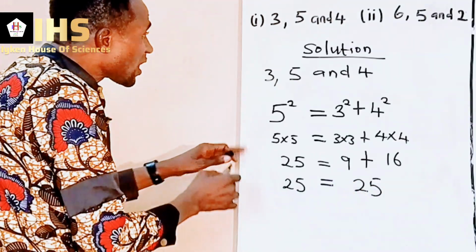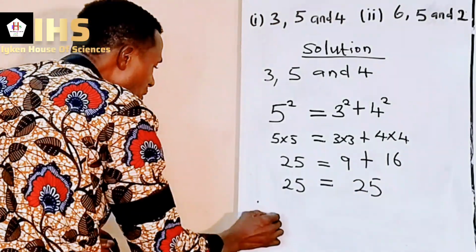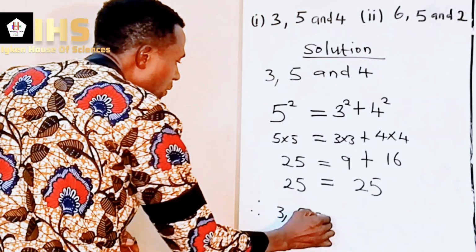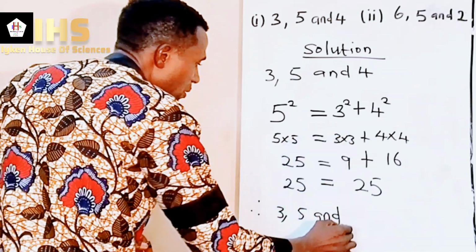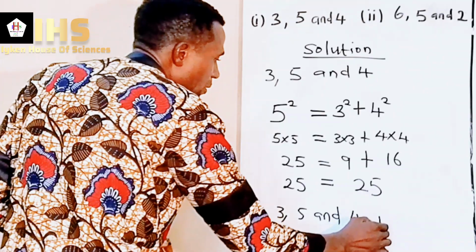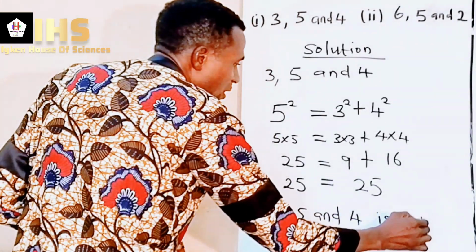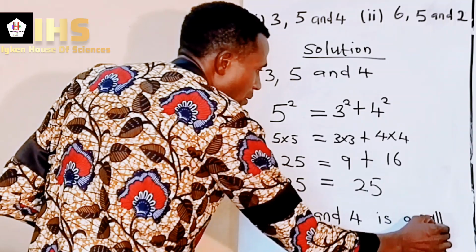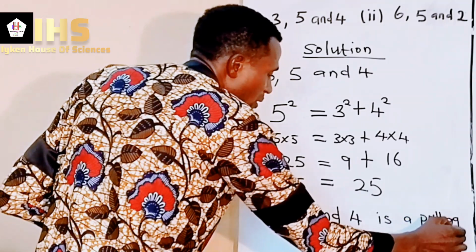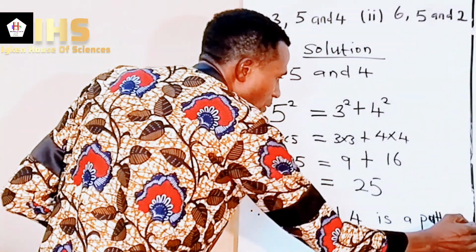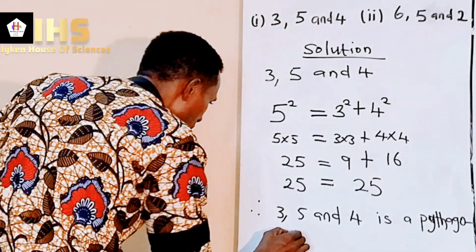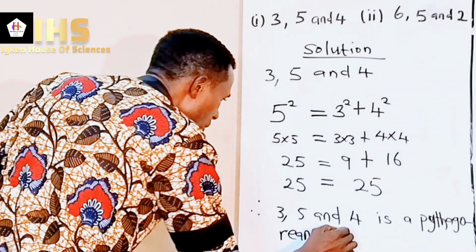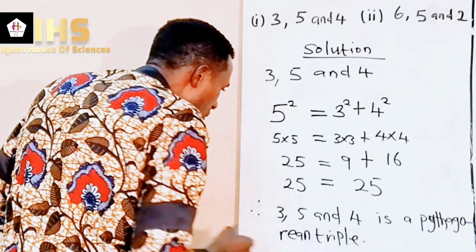So it means that, therefore, 3, 5, and 4 is a Pythagorean triple.